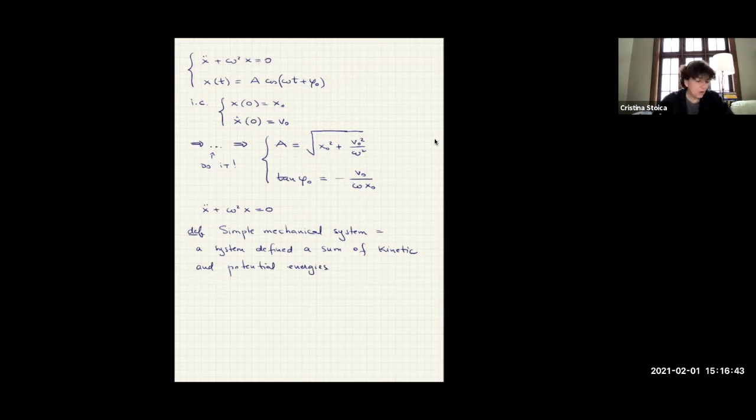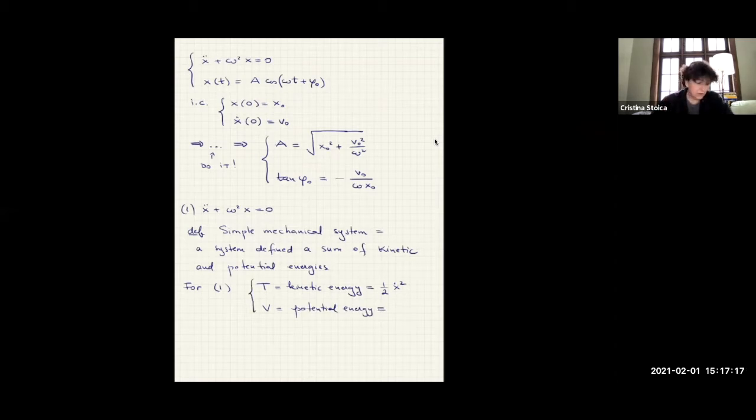So for our system here, let's call it system 1, we're going to define T to be the kinetic energy, defined as 1/2 x dot squared. And the potential energy, I'm defining them, I'm telling you what they are.